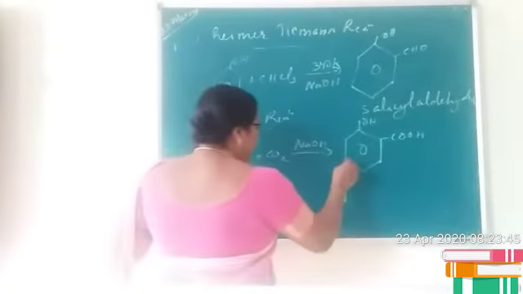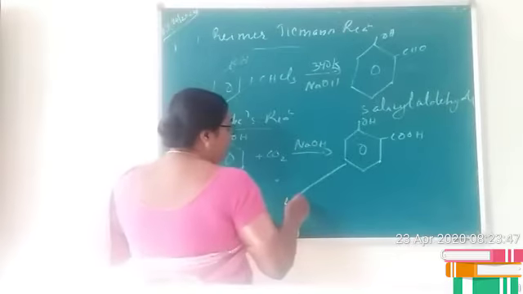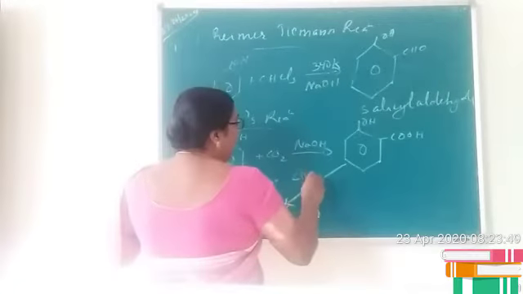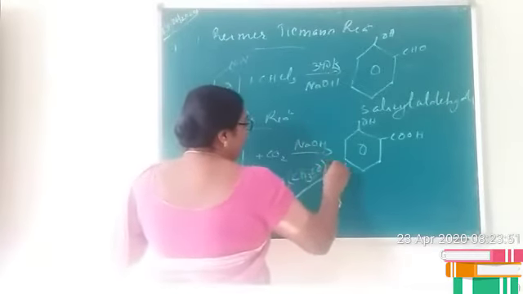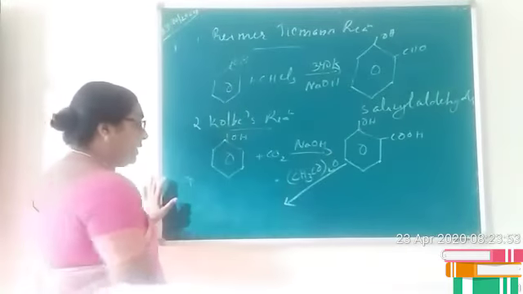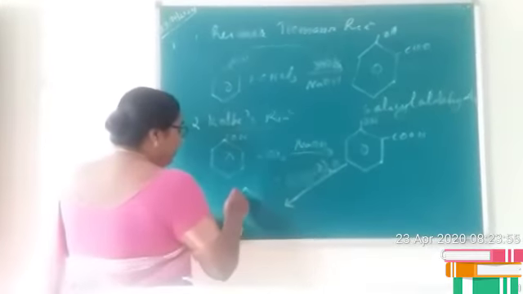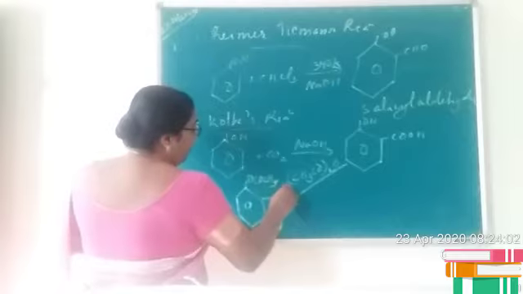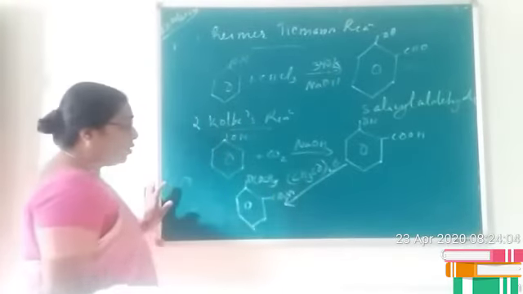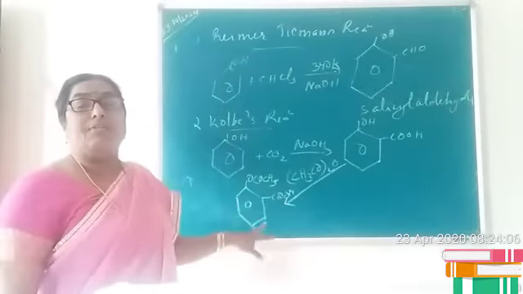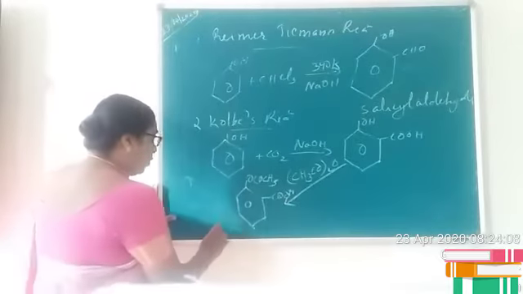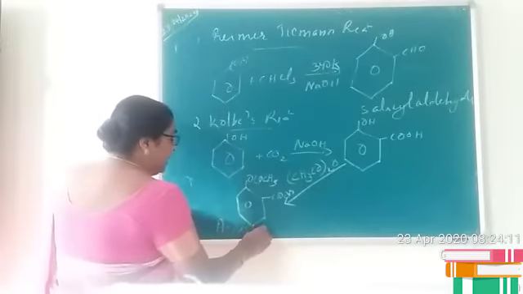Salicylic acid, when it undergoes reaction with acetic anhydride, you will be getting a compound, 2-acetoxybenzoic acid, otherwise called aspirin. Is it clear children?